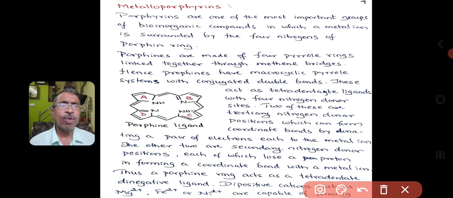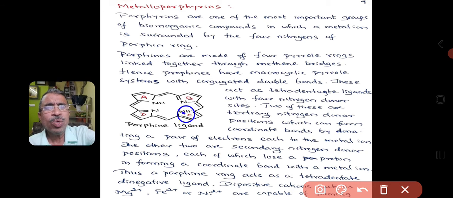Out of these four nitrogens, two are tertiary nitrogen donor positions, which can form coordinate bonds by donating a lone pair of electrons each to the metal ion. So these are the tertiary nitrogen atoms. They simply donate a lone pair of electrons to the central metal ion.